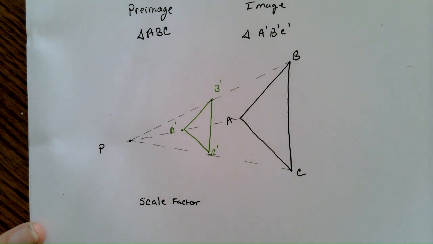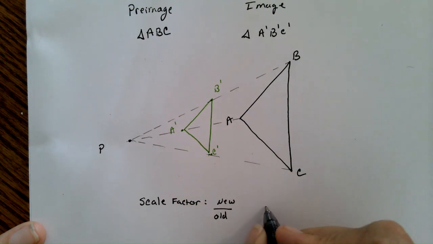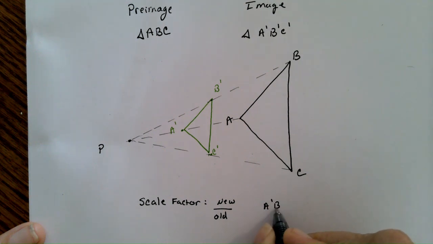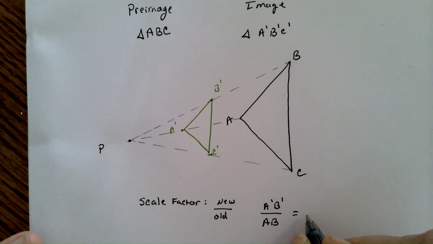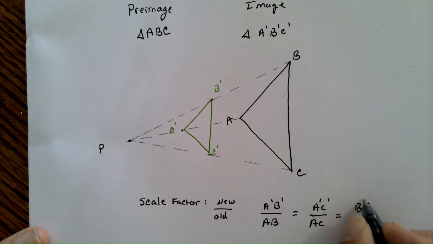Your scale factor is always going to be your new length over your old. So you could do the side A'B' compared to the side AB. It should be equal to the side A'C' over AC, which should be equal to B'C' over BC.